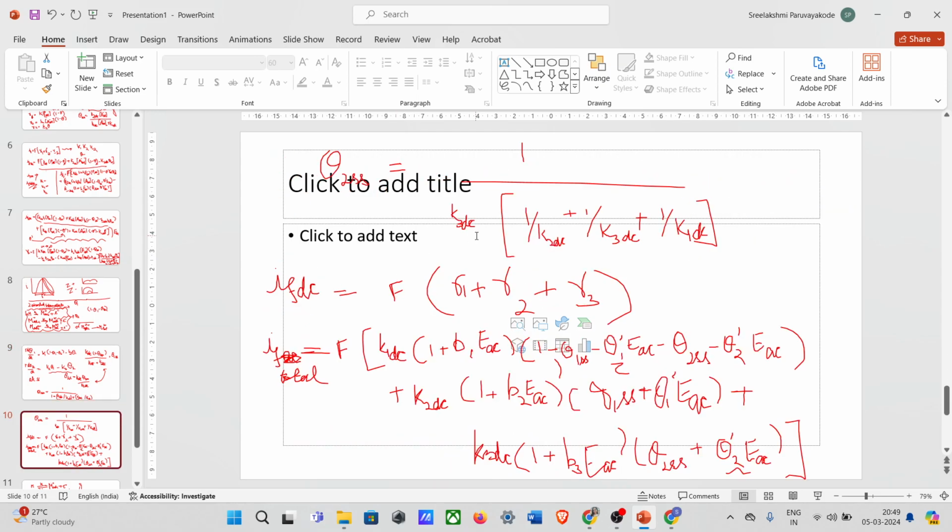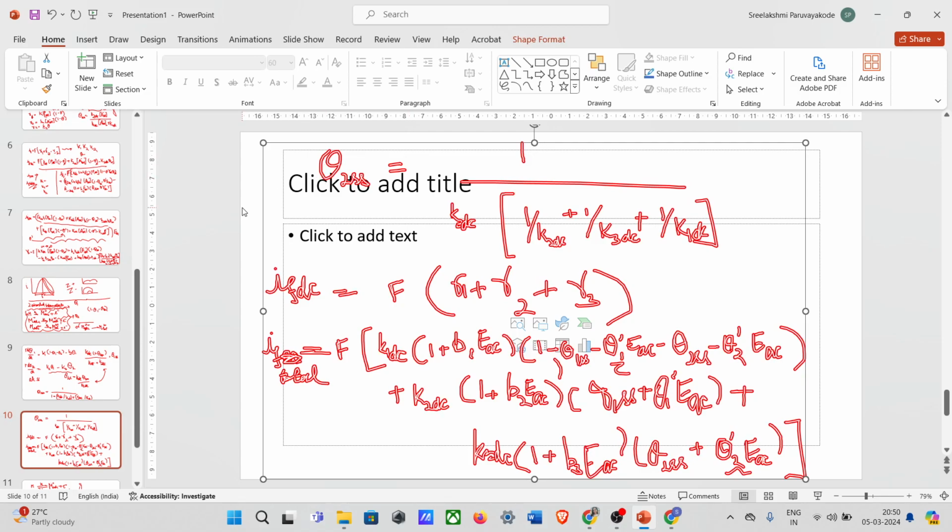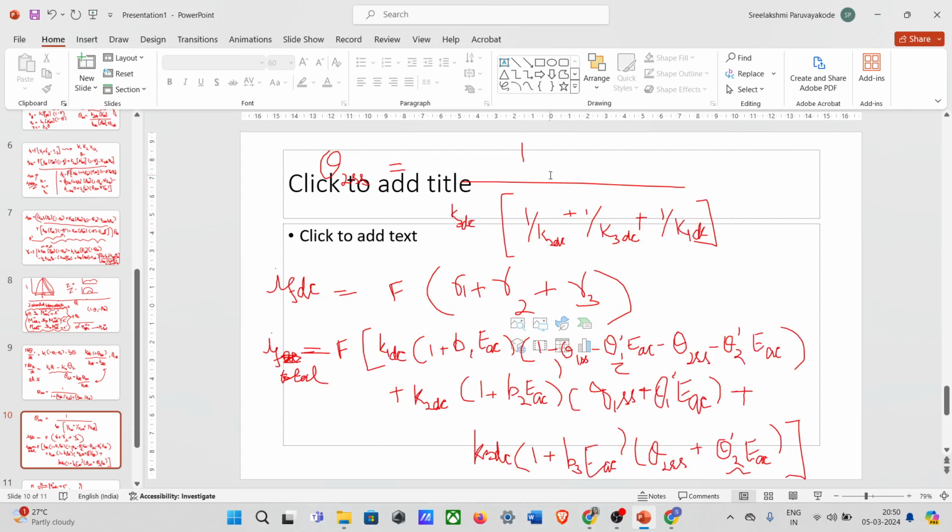If you found out the theta SS value, let me take the example of this one. Theta SS is 1 by K3 DC into 1 by K2 DC plus K3 DC plus K1 DC. In the question, the values of K3 DC, K2 DC and K1 DC will be given, and B1, K11 and K10 are also given.